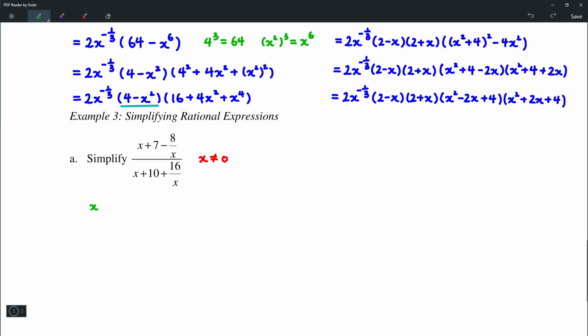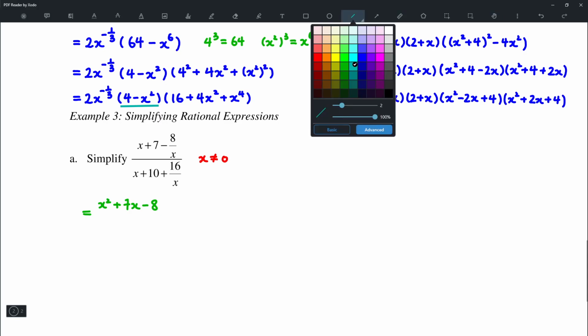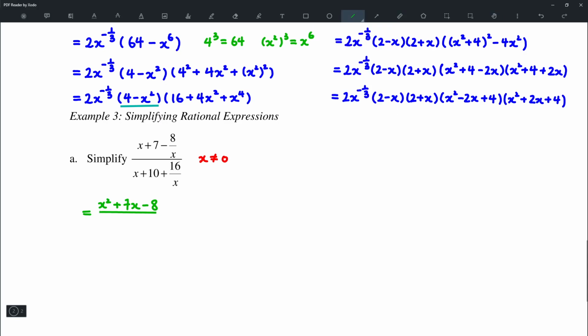So now we're going to get x squared, sorry, I forgot the equal sign, x squared plus 7x minus 8, and this will be over x squared plus 10x plus 16.